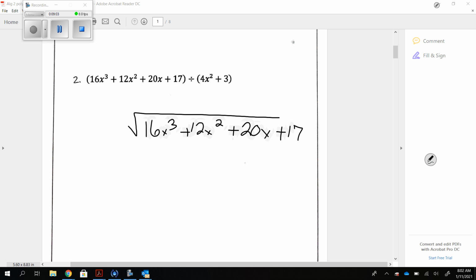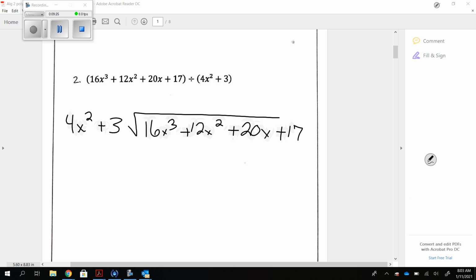And that's all divided by 4x squared plus 3. Again, let's use our common sense. We know the first two, 16x cubed and 12x squared, can be divided by 4x squared, but the last two, 20x plus 17, cannot be divided by 4x squared. So we're going to look at the 3 when that happens.